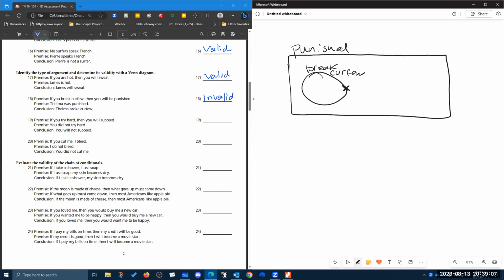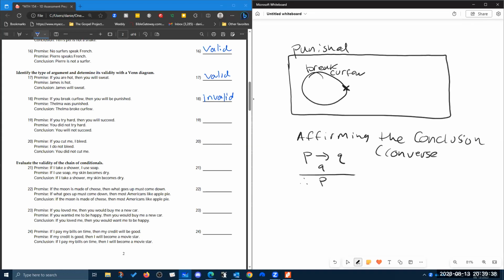And this type of error here is called affirming the conclusion. It's in the form of P implies Q, Q, therefore P. This is a converse error, is the more formal name for that.